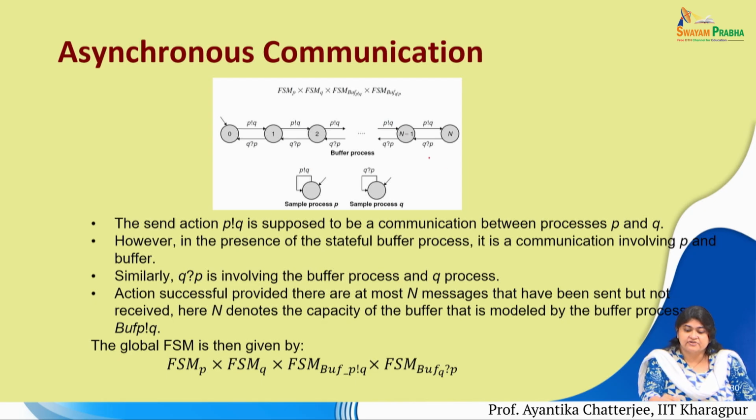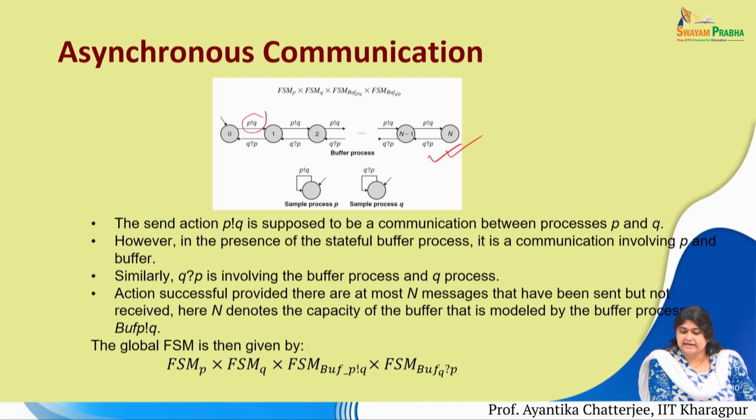See, in the first buffer process, the state chain is from 0 to 1, 1 to 2 and so on. If we see this PQ, this symbol implies a communication between P and Q along with some buffering process in between.